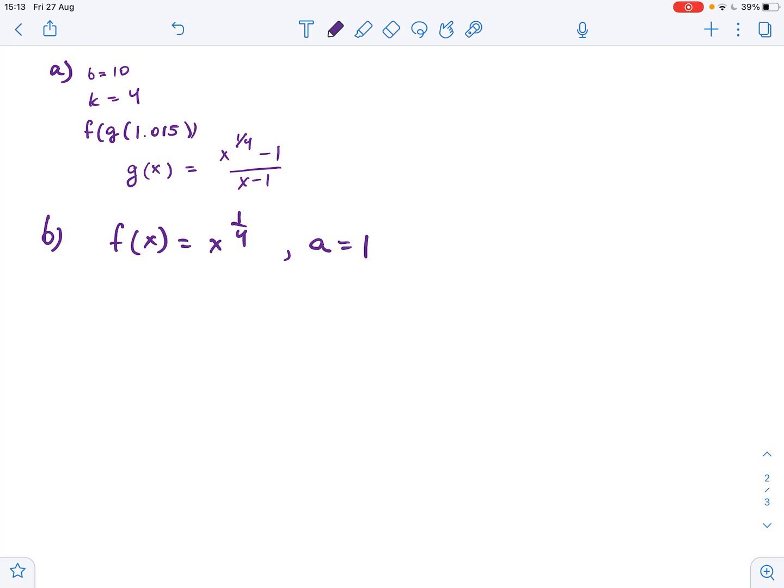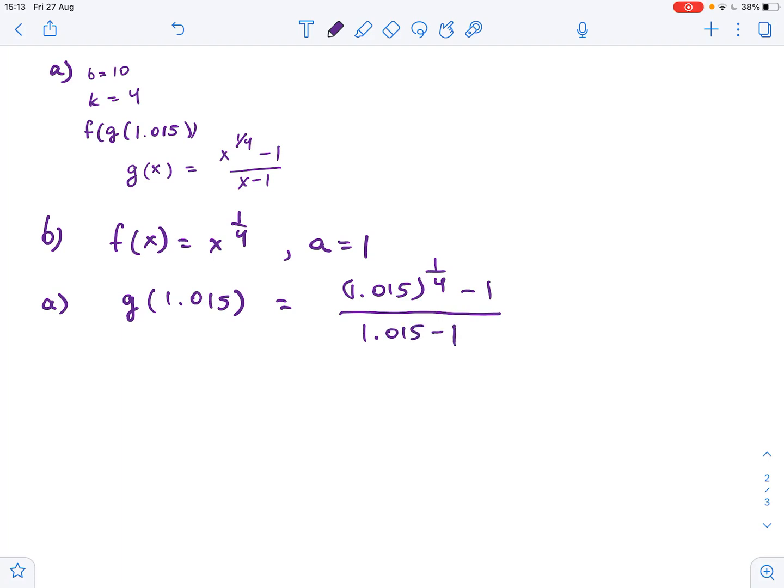We will calculate g of 1.015. So part A, g of 1.015 equals 1.015 to the power of 1 over 4 minus 1 over 1.015 minus 1. It equals 0.248605929.